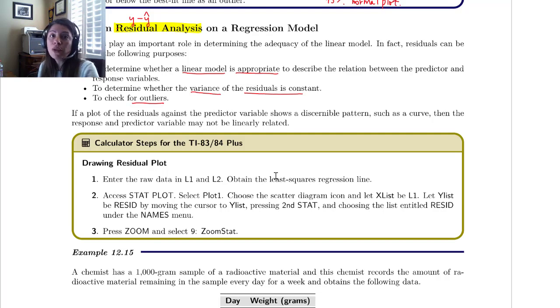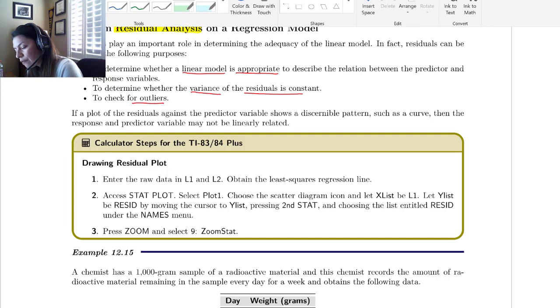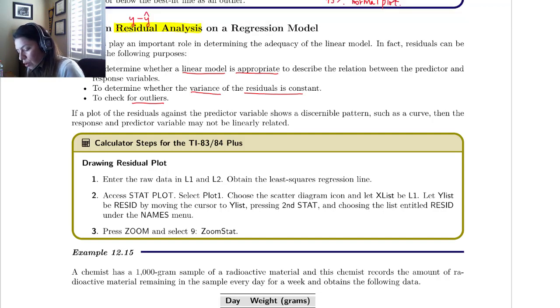It could be some other model, like exponential or logistic. So when we have the residual plot, we want to make sure that we don't see a pattern that's not linear related.